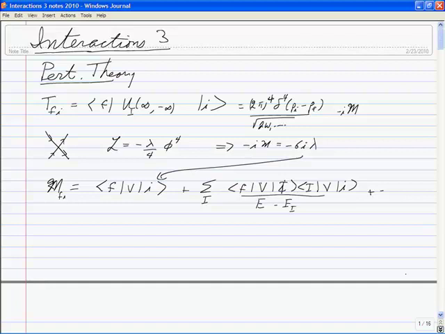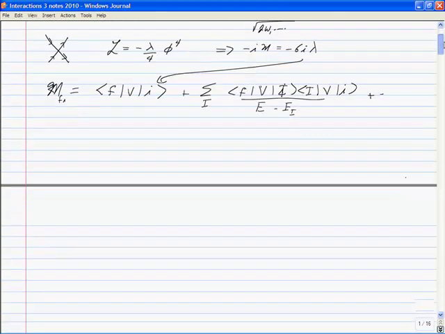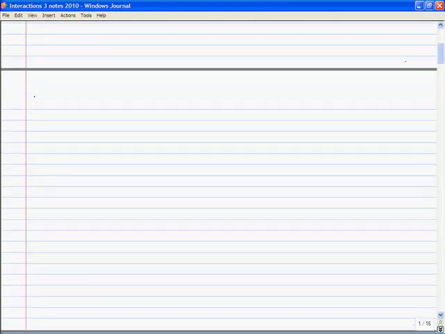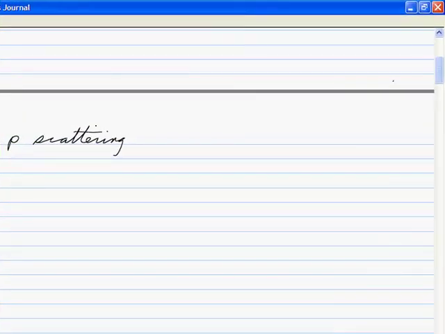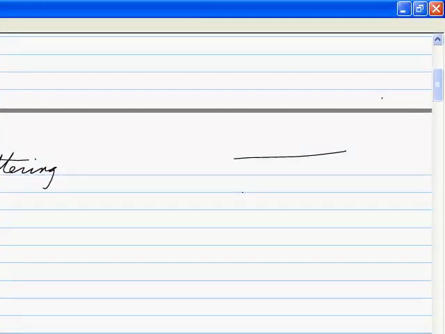Our next attempt, of course, is to do next order. So what I'm going to do in this case is, so here's an example. I'm going to mimic electron-proton scattering. Okay. Electron-proton scattering, we'll end up drawing with a picture that looks like this.